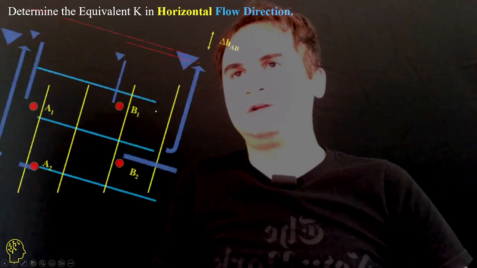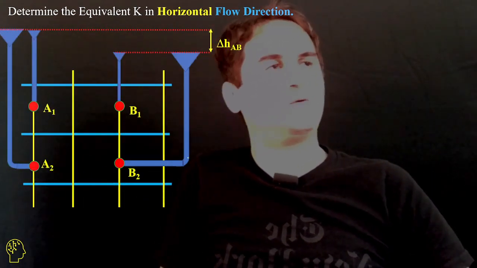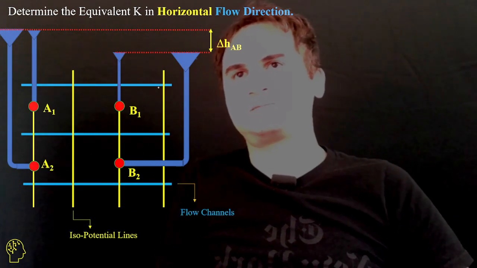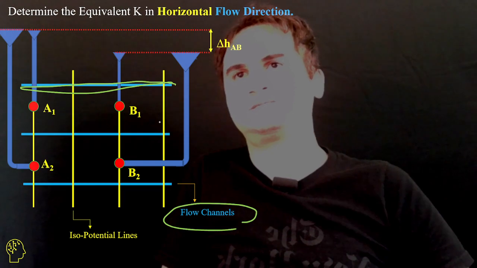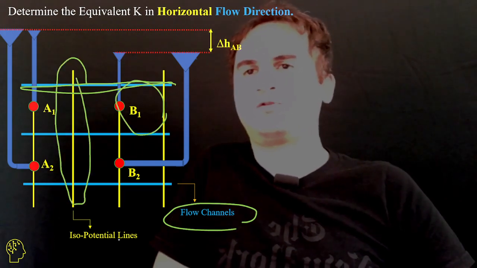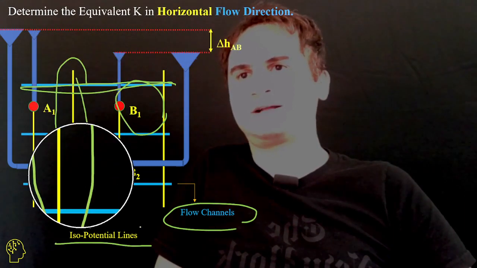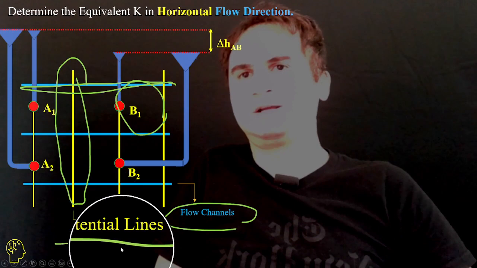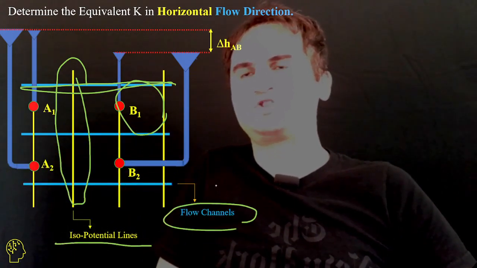So if we construct the flow net, the blue lines stand for flow channels, and these vertical lines stand for isopotential lines, and the horizontal ones stand for flow channels.